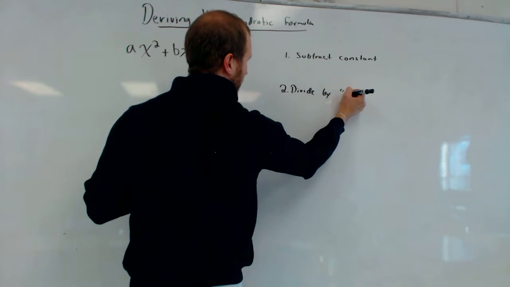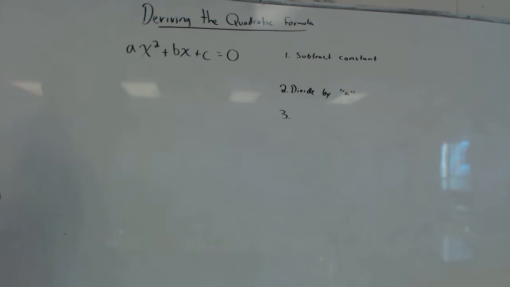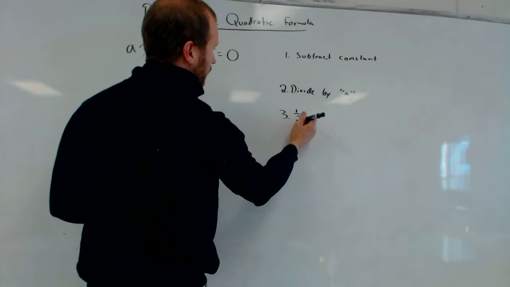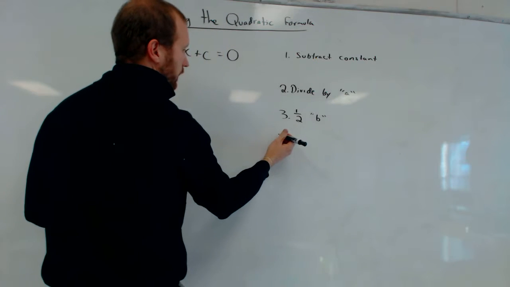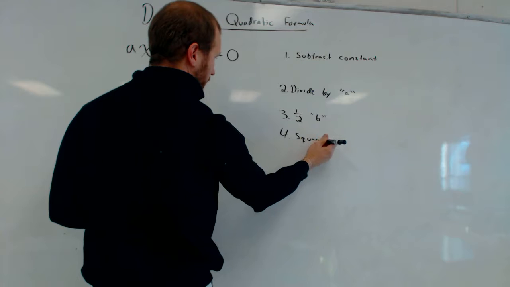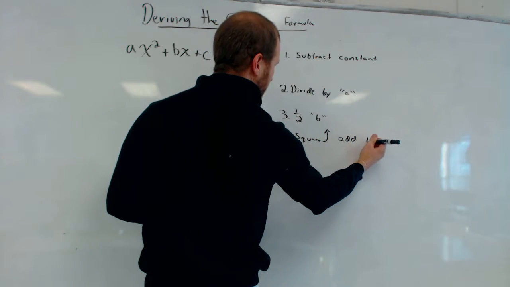Okay, step three. Find half of b. Yeah, we have to find half of b and square it. We square this and then add to both sides.